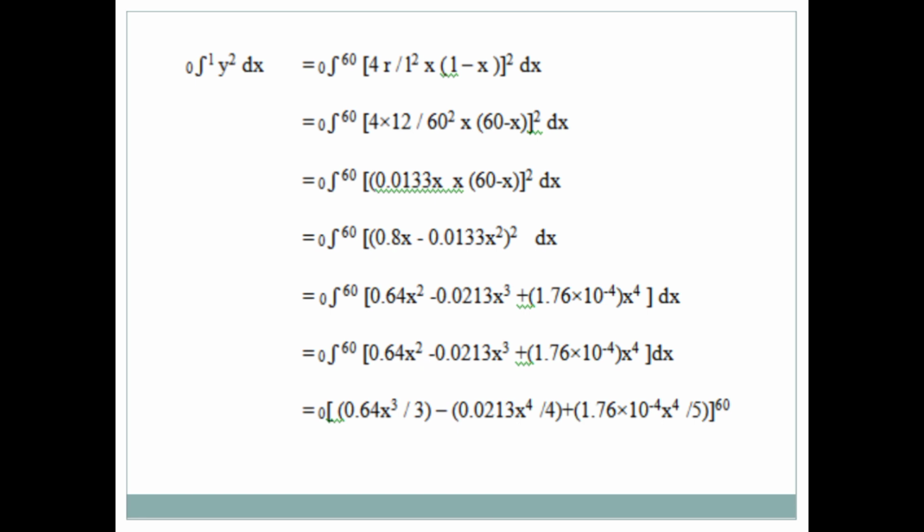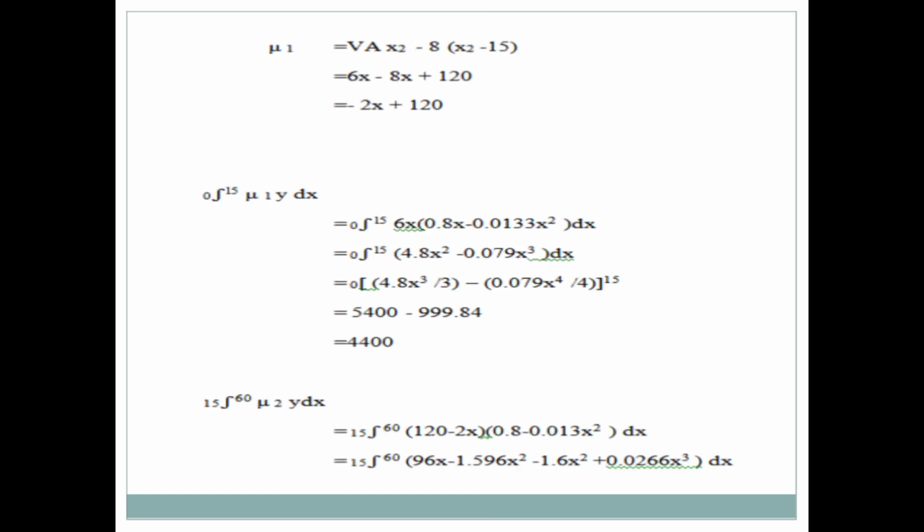You are getting the equations, that is 0.64 x cube divided by 3 minus 0.0213 into x square by 4 plus 1.76 into 10 power minus 4 into x power 4 divided by 5 into the upper limit 60. So here the mu final value will be VA x minus 8 into x minus 15 is equal to minus 2x plus 120.